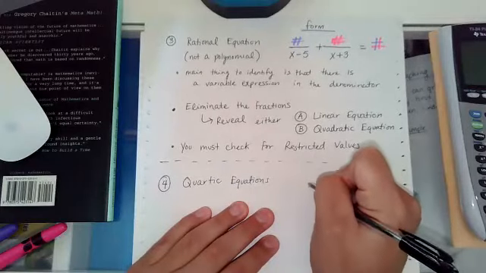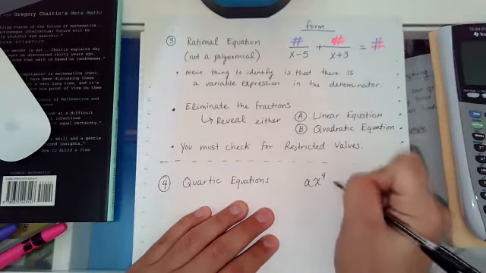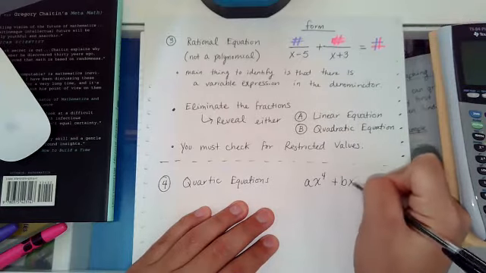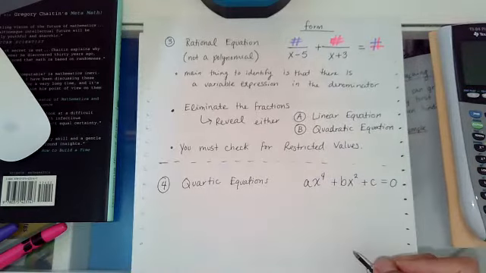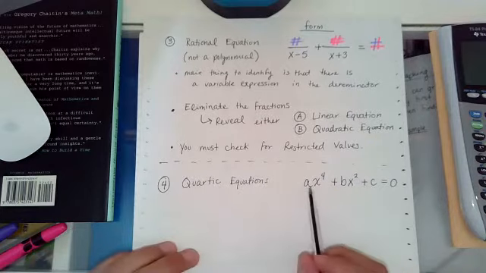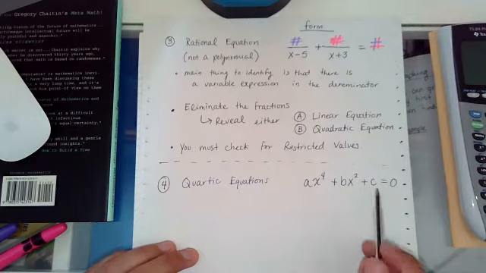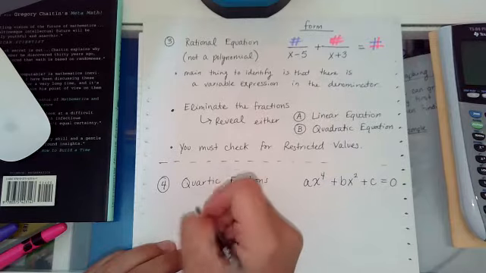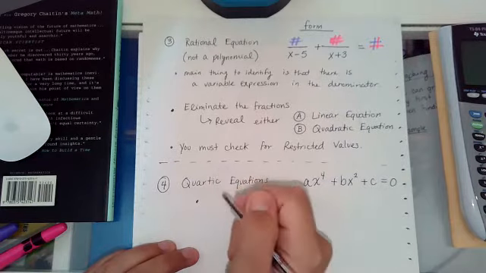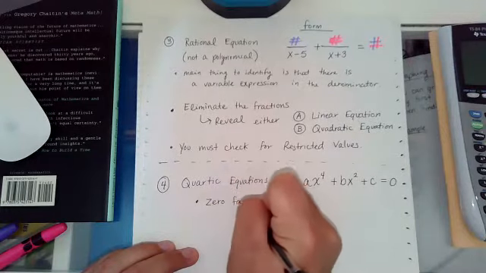So quartic equations take on this form. It is a x to the 4th power plus b x to the 2nd power plus c is equal to 0. So we would call this a quartic trinomial. And it turns out that when we get problems like this, the one way I'm going to teach you to solve them is using the zero factor property.